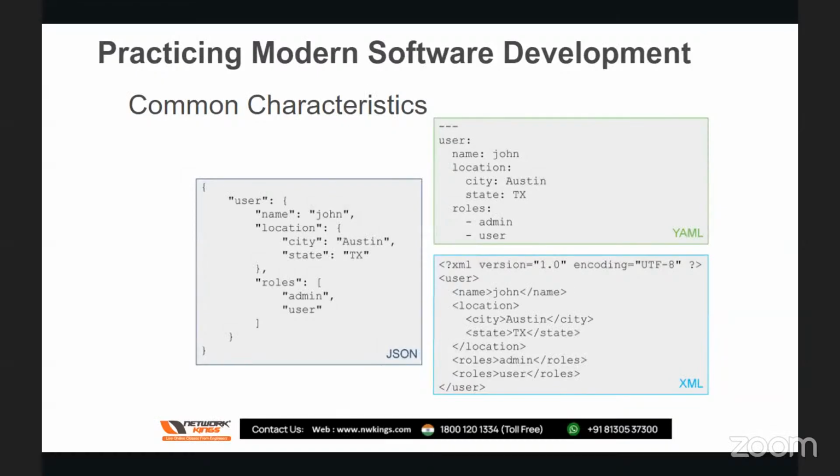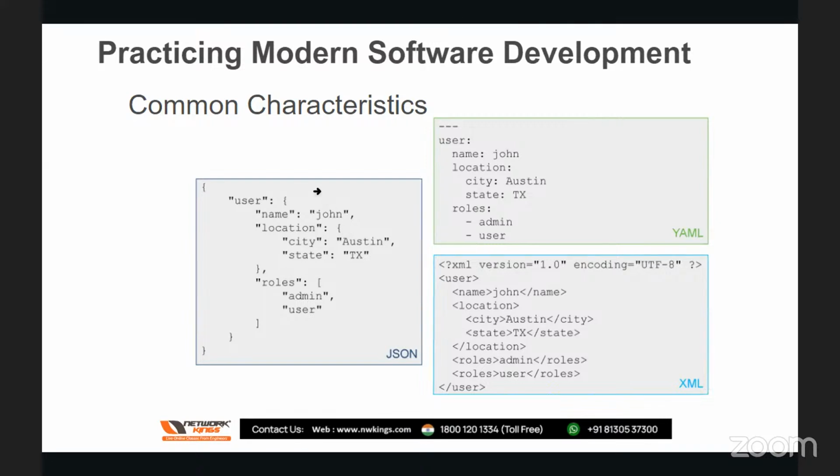You can see these three types. The first one is JSON. It kind of looks like JavaScript. You'll have an open brace and close brace, with an indentation-based setup. Inside you have the user details, and inside user you have name and the location of that particular user, and inside that location you have the city, state, etc. This is what we use to store that particular set of data.